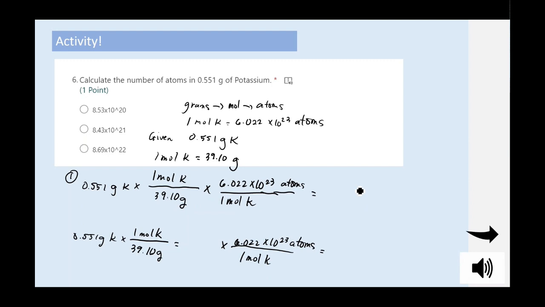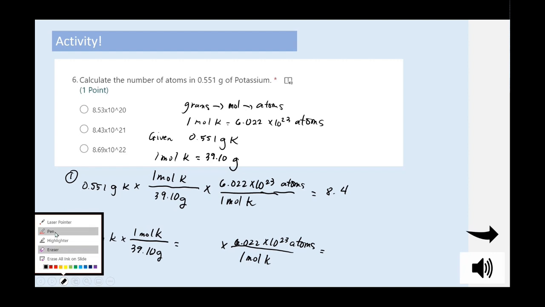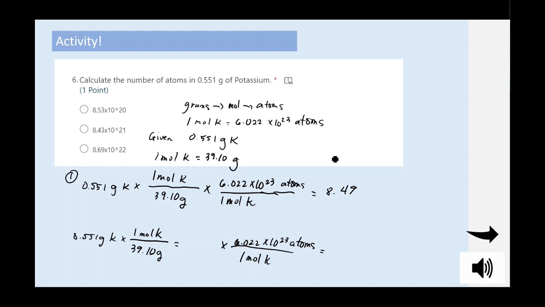So you will get an answer of 8.48 something, and you round it off to 2 decimal places. Okay, 8.49 atoms of potassium.